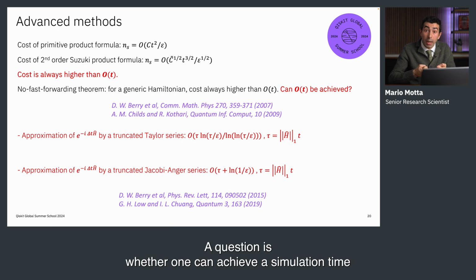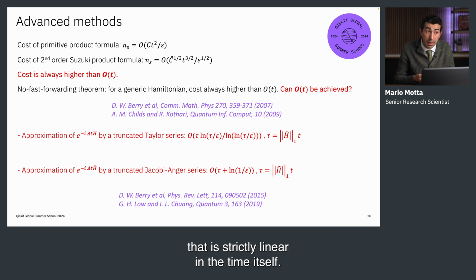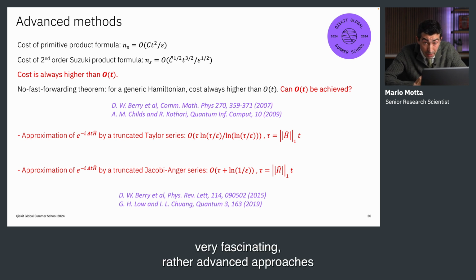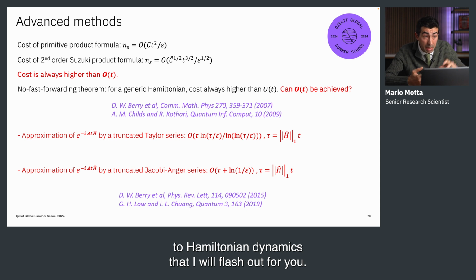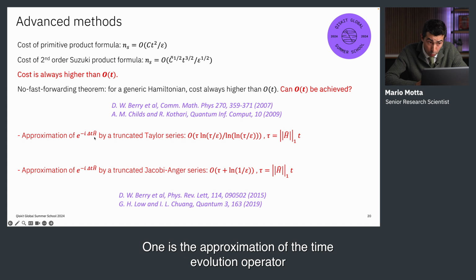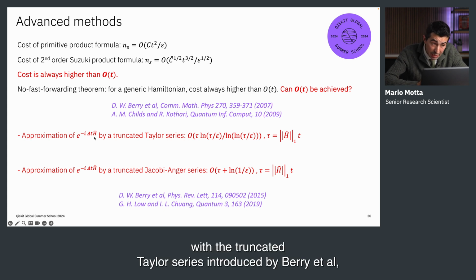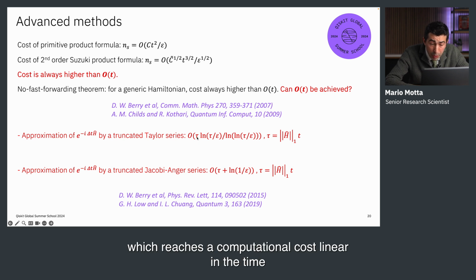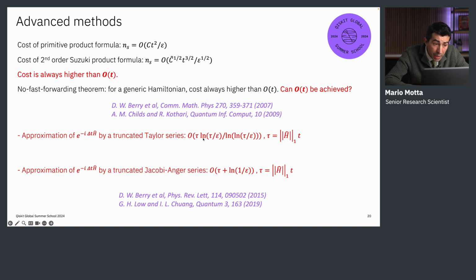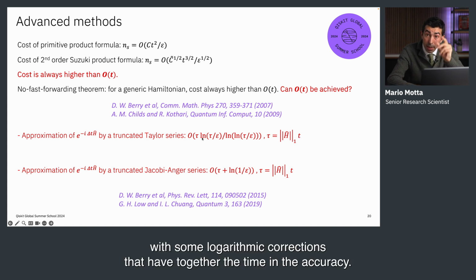A question is whether one can achieve a simulation cost that is strictly linear in the time itself. There are some very fascinating, rather advanced approaches to Hamiltonian dynamics that I will flash out for you. One is the approximation of the time evolution operator with a truncated Taylor series introduced by Berry et al., which reaches a computational cost linear in the time multiplied by the one norm of the Hamiltonian with some logarithmic corrections that tie together the time and the accuracy.